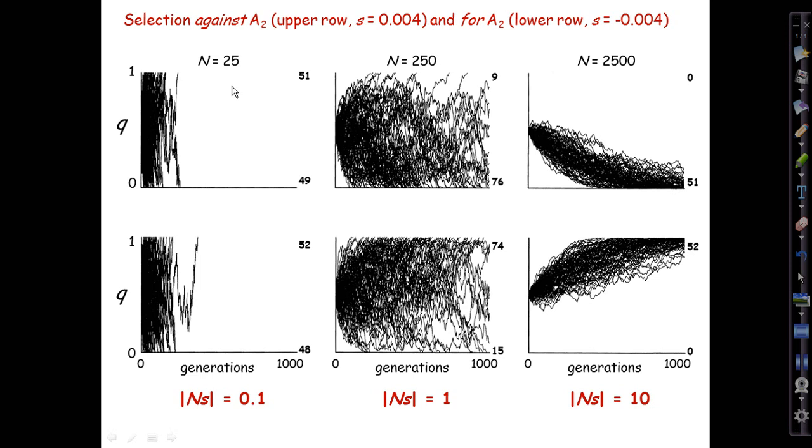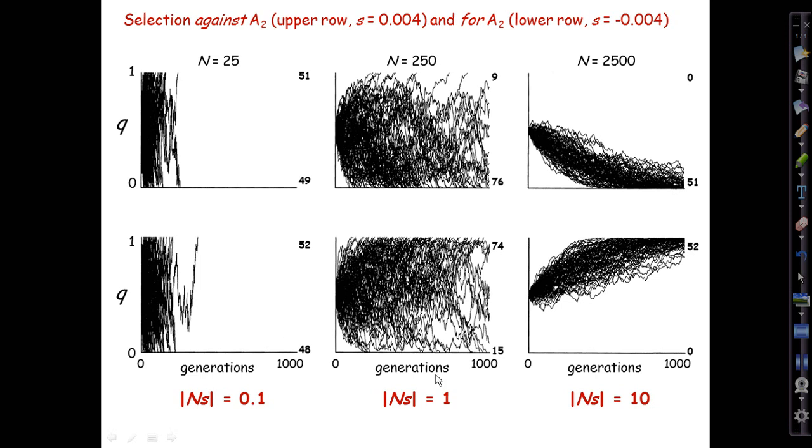In the smallest populations, where N is 25, and the product, N times S, is in both cases, in absolute value, much less than 1. It's a tenth, like those inner curves in Kimura's graph. Once again, they fix 50-50 for A1 and A2. In both cases, whether selection is against A2 or for A2, it fixes half the time.